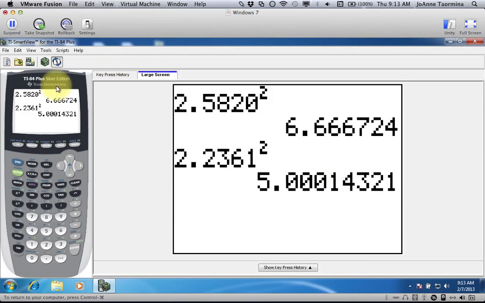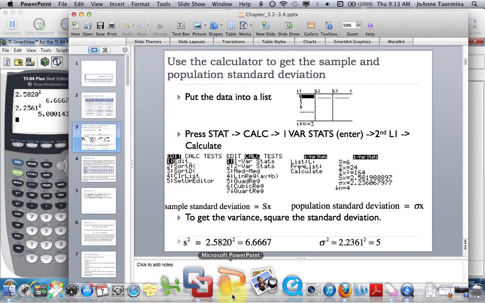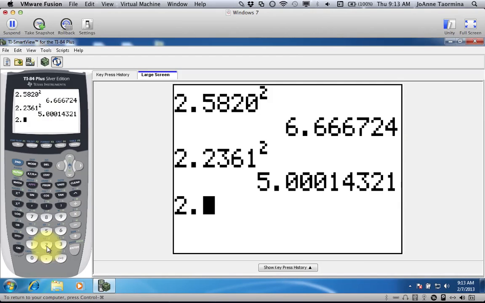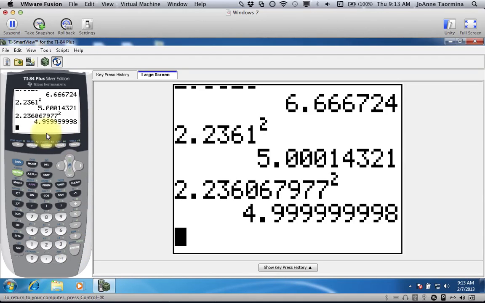Okay, now if you take more decimal points, 2.236067977, and square that, we're going to get even closer to the number 5. So the more decimal places you take for your standard deviation from the calculator, the more precise the calculation for your variance will be.